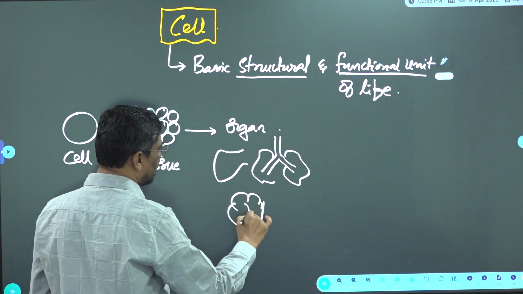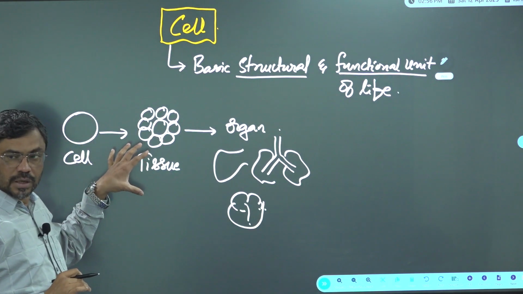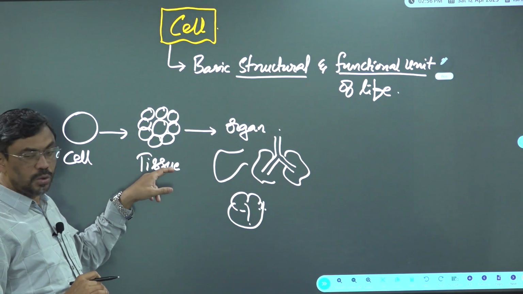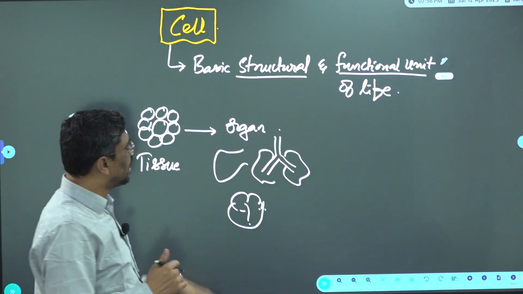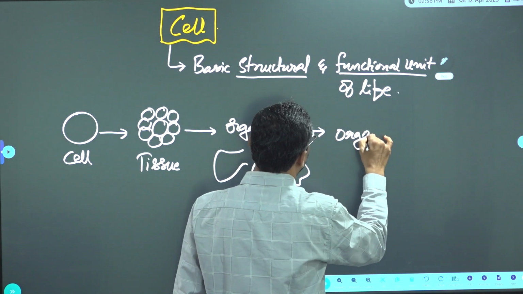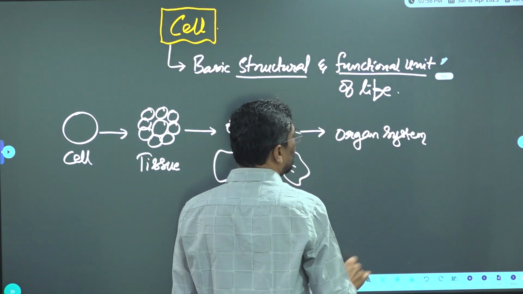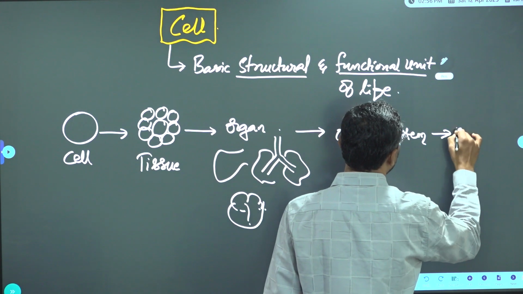Heart is an organ. So like that. That means cell is the basic structure. Similar cells form tissue, similar tissues form an organ, and all these organs together form an organ system. And all these organ systems form an organism.